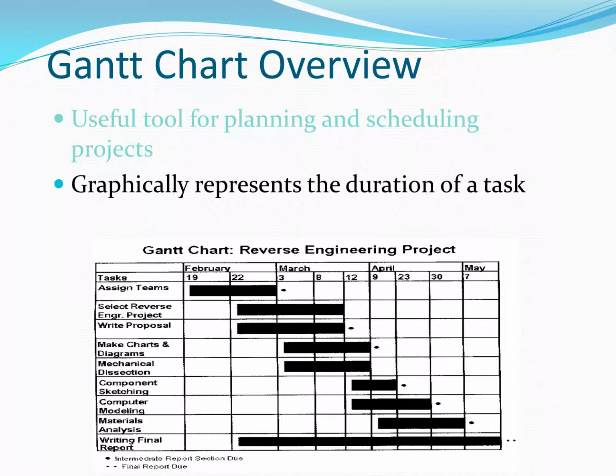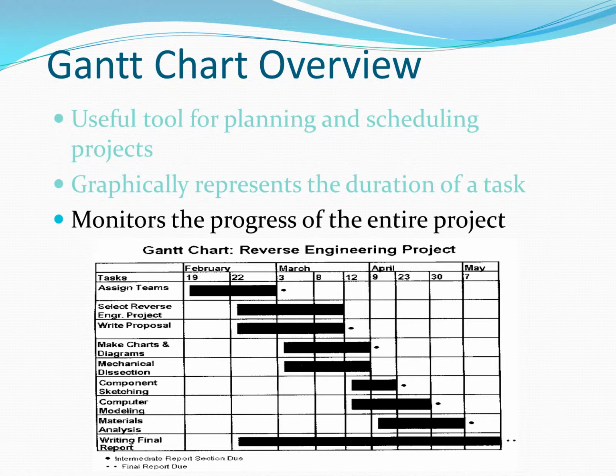Everything graphically represents the duration of tasks, so I can easily look and see, this is a shorter task compared to the others. This is a much longer task, writing the final report. And I can also see how things are going to increment along the way. So it's a really quick, easy to interpret and understand graphical representation of everything that needs to get done. And what's also nice about a Gantt chart is it monitors the progress of the entire project.